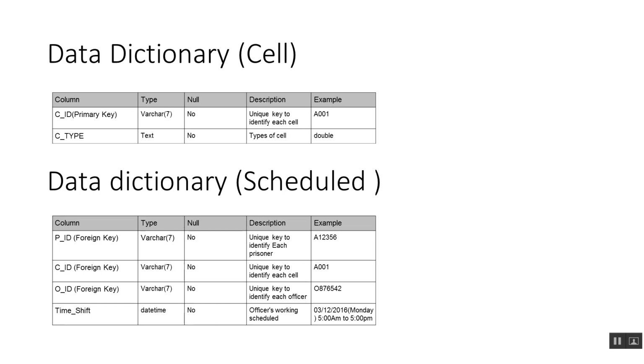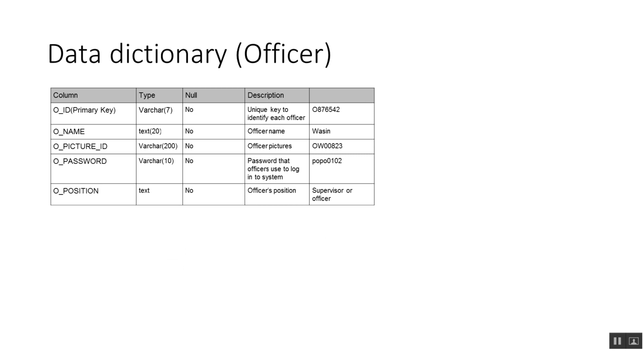Cell table has a CID as a primary key and C type as an attribute. Schedule table has a PID, CID, OID as foreign keys and has time shift as an attribute. Officer table has an OID as a primary key, and the officer has a name, picture ID, password, and position.